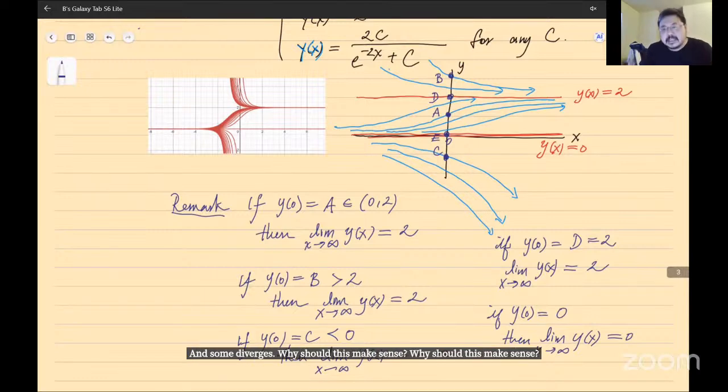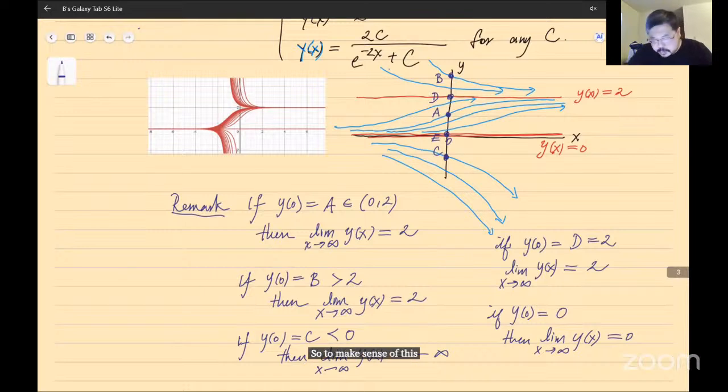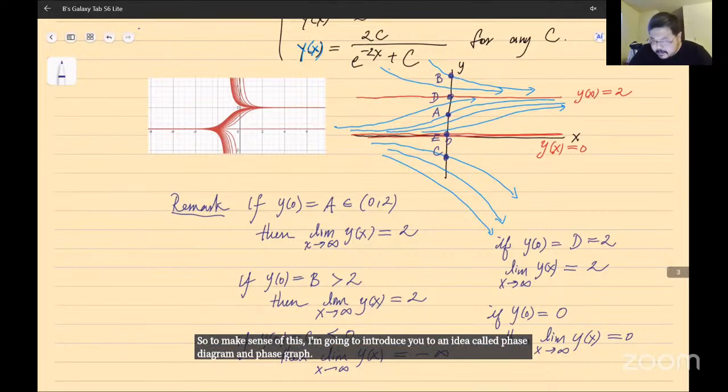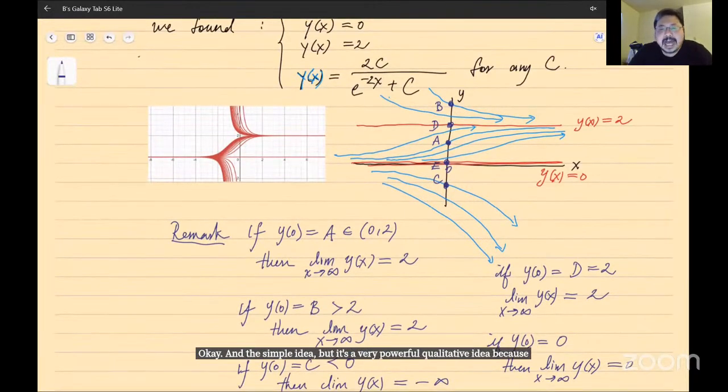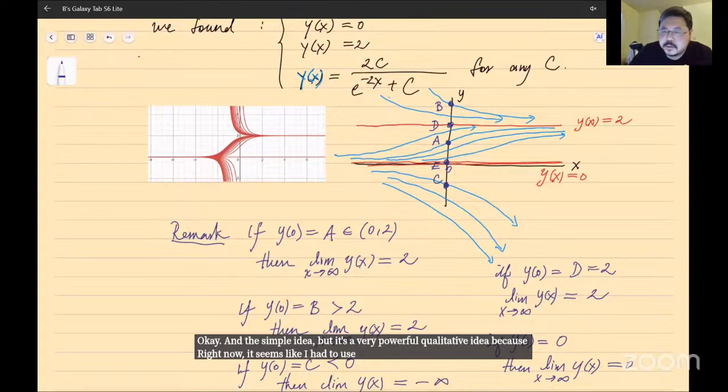To make sense of this, I'm going to introduce you to an idea called a phase diagram or phase graph, okay? It's a simple idea, but a very powerful qualitative idea, because right now it seems like I had to use Desmos to plot all these solutions to figure out these behaviors. But we don't actually have to do all that.